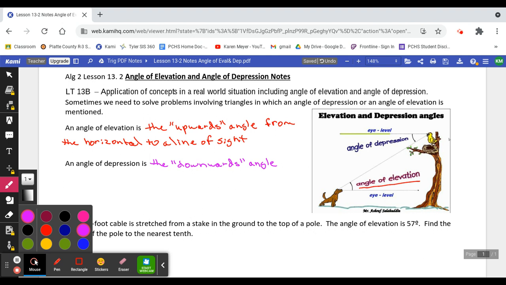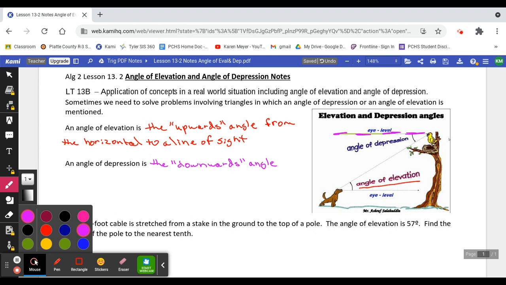So you have to draw in a nice little dashed line from the bird to make the horizontal. The angle looking downward is on the outside of the right triangle. So angle of depression is the top angle that is on the outside of the right triangle.